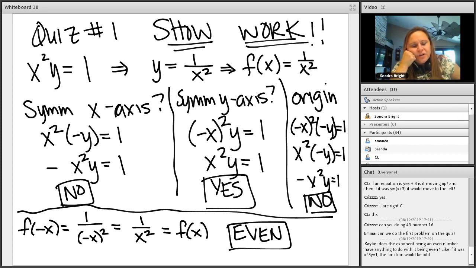I mean, you have to be kind of careful because there are some more bizarre equations out there. But yes, in general, most of the time when it's got an even exponent, then it's going to be even, and when it's got an odd exponent, it'll be odd. But we can make it more complicated: what if there's a cubed and a squared in the problem?